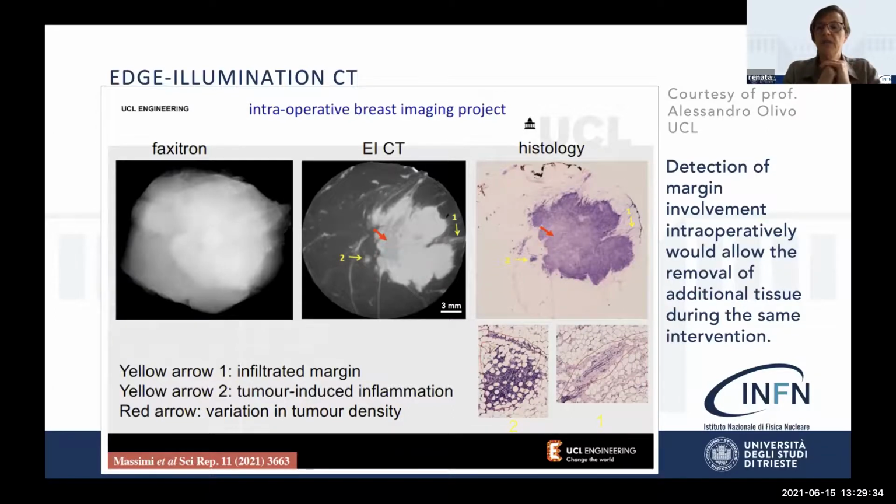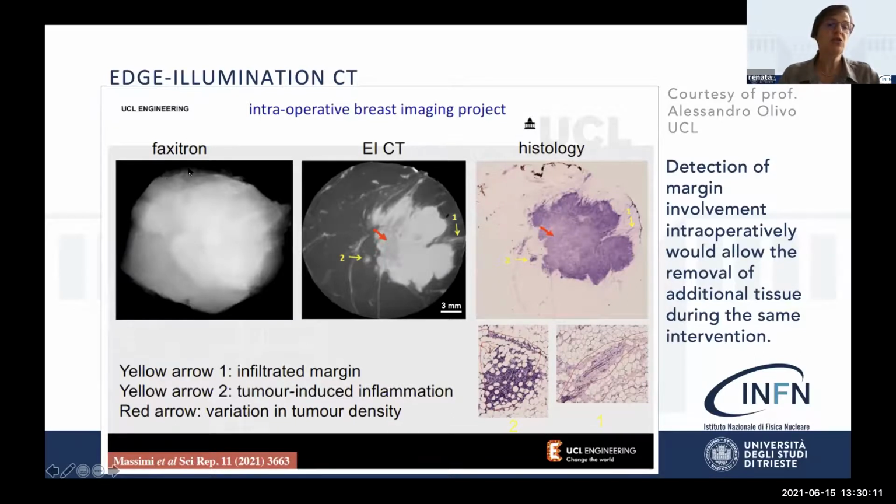Because detection of margin involvement during the intervention would allow the removal of additional tissue during the same intervention. So we are thinking about breast cancer, and what happens? In conservative surgery, they remove the cancer, and the problem is, are there any infiltrated margins still in the patient?